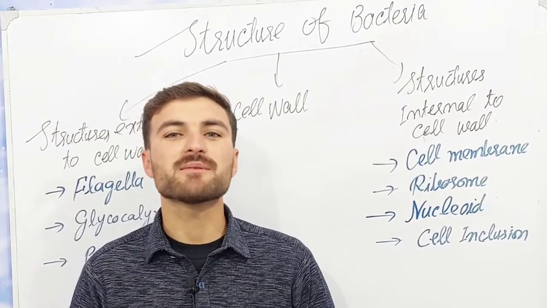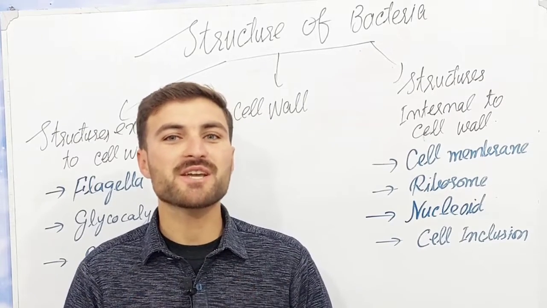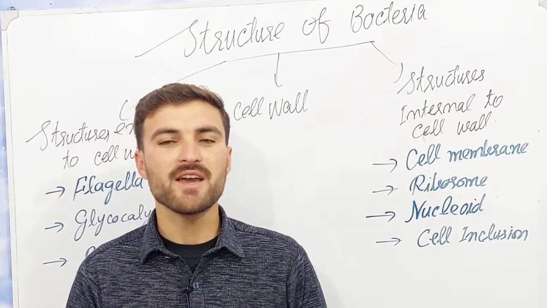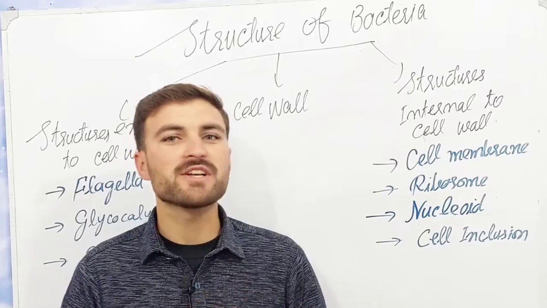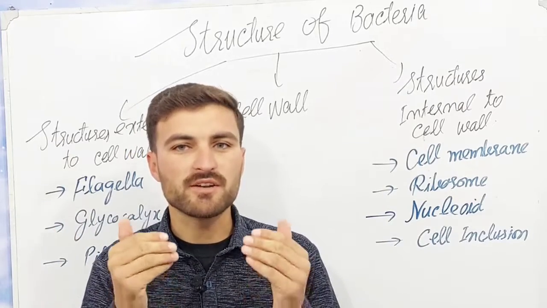We will also discuss endospores. We will also discuss staining, and we will go into minute details of all these which I have just talked about in front of you.